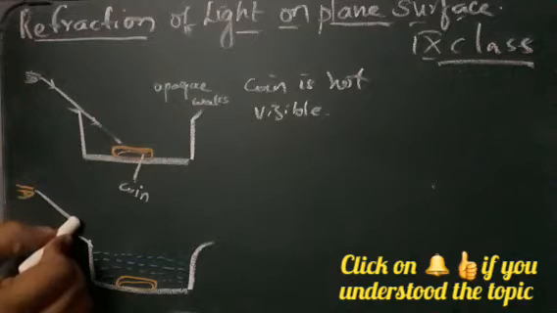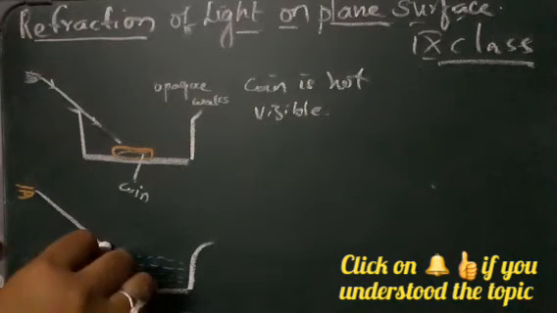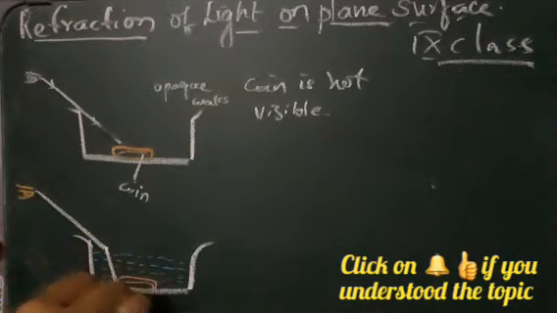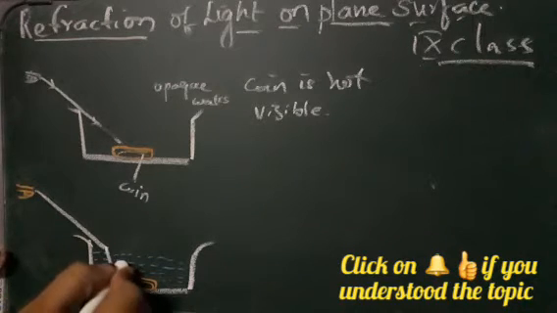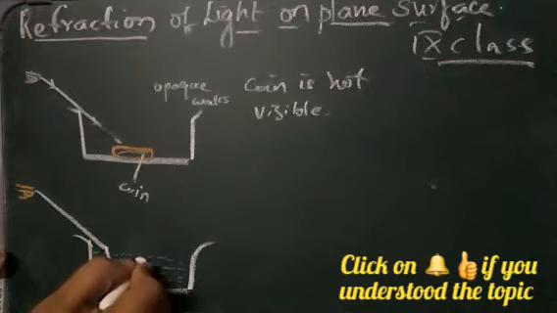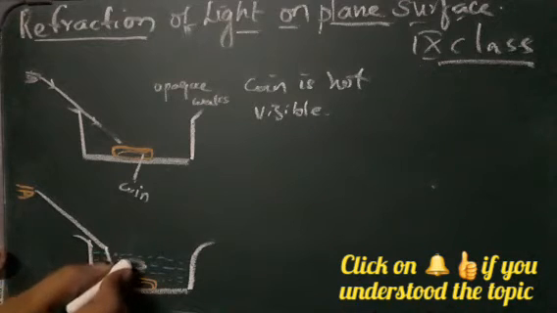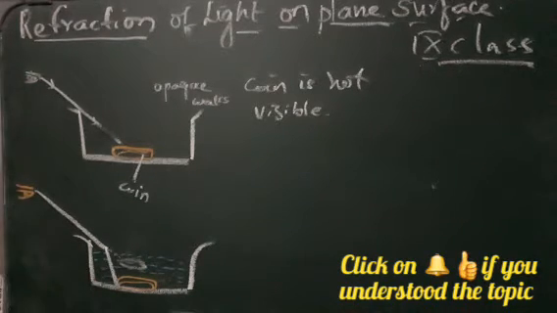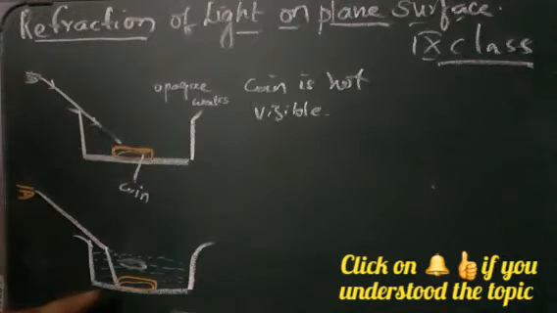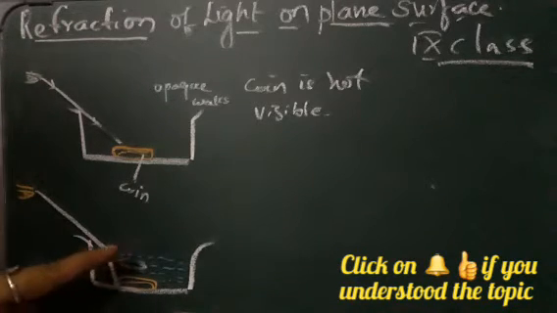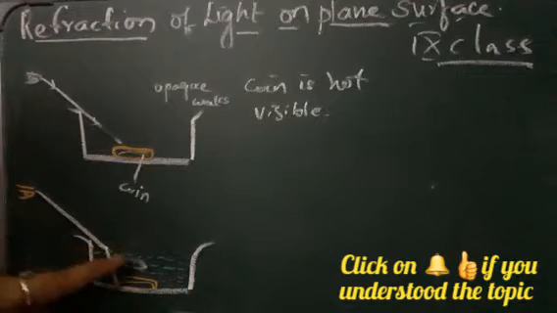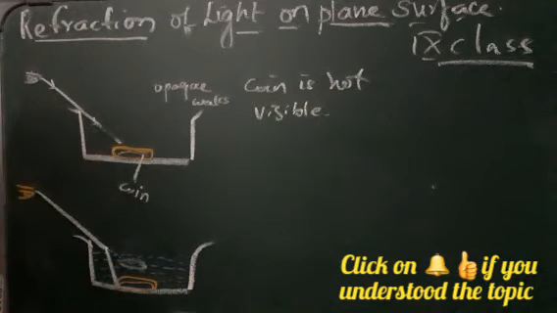These rays, they get bent. So the coin appears to be a little up. So now the coin is visible to us. Now you can see the coin because there is some image formed of it.